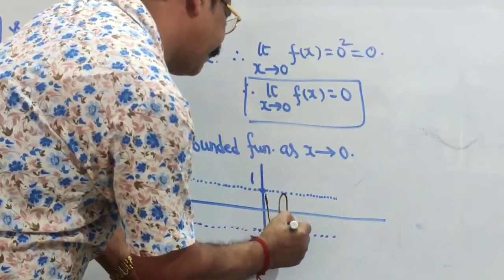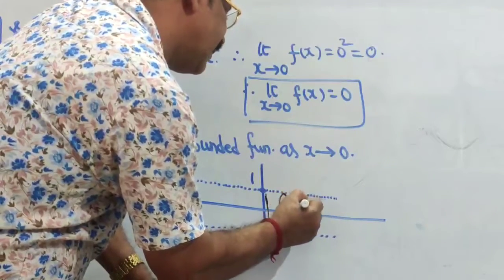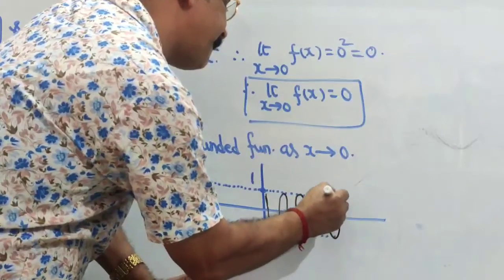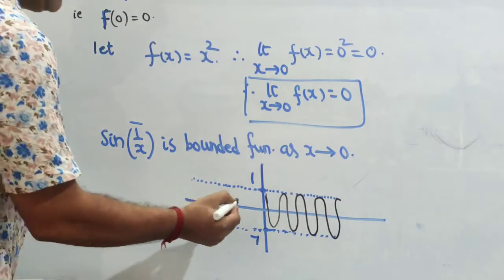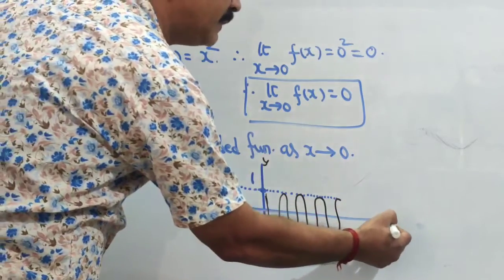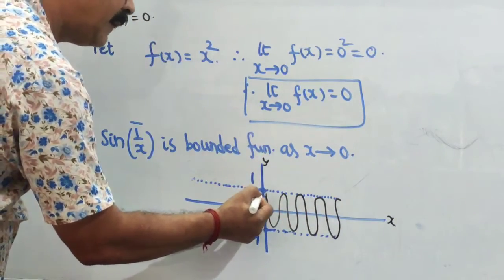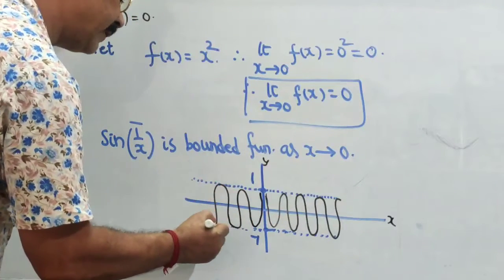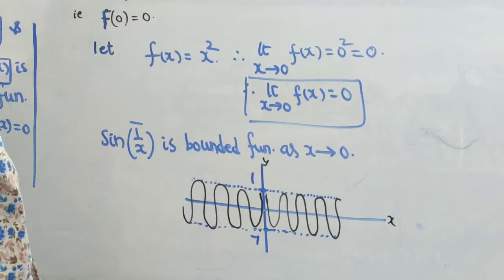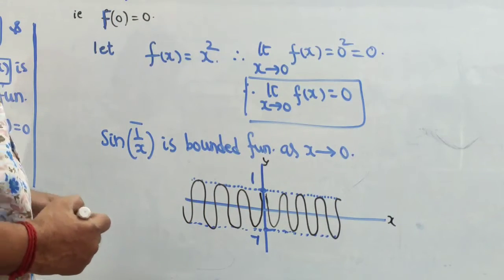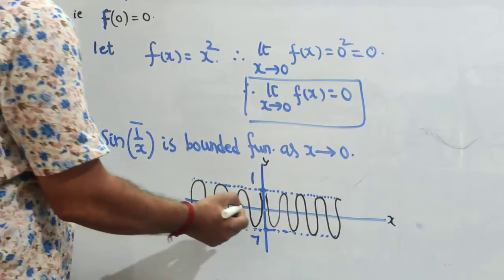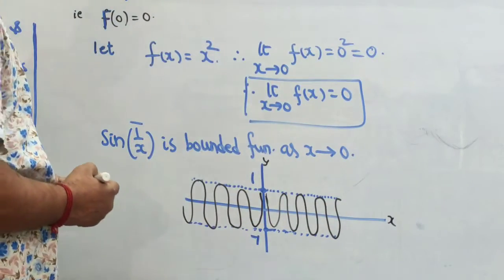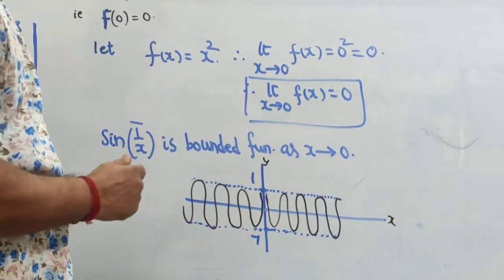It will oscillate like that. This is the y-axis, x-axis, like that, plus 1, minus 1. It will be bounded between plus 1 and minus 1. As x tends to 0, 1 by x is infinity, meaning it will oscillate infinitely. So this is the sine of 1 by x graph.